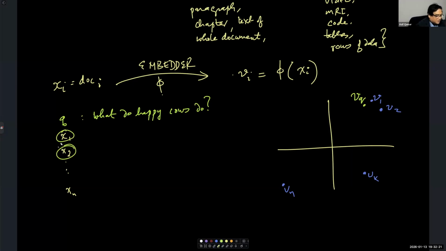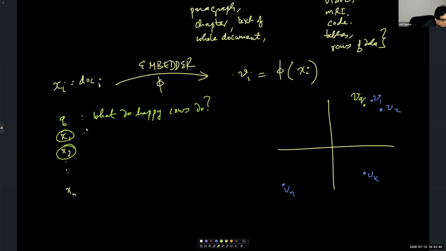X1 and X2. So what you will do is, you're basically going to the vector database to figure out which points are close, and then looking up their ID, the vector database will tell you that's the ID of that doc. Then you go back to the doc and read it up, and you show that as search results, isn't it?